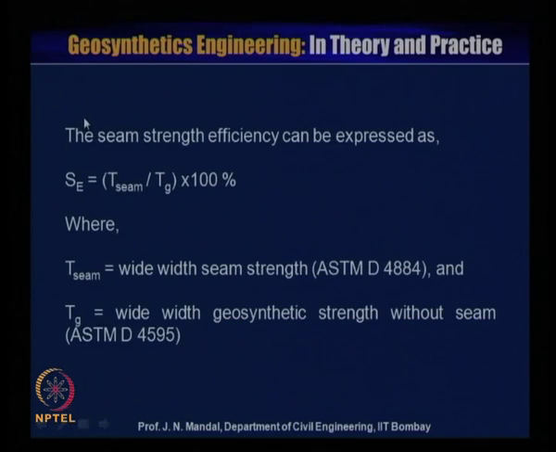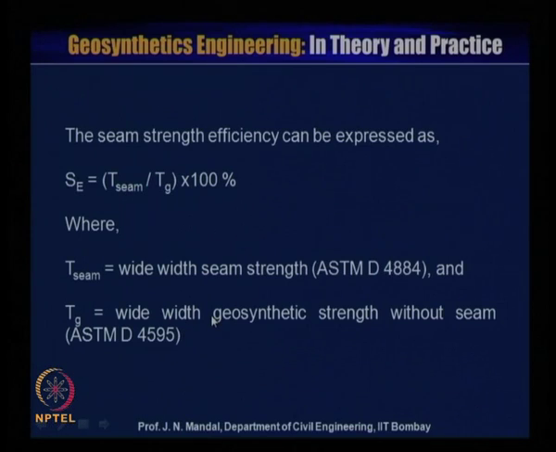So seam strength efficiency can be expressed as E = T_seam divided by T_g into 100%, where T_seam is the wide width seam strength as per ASTM D4884, so you can calculate the seam strength, and T_g is the wide width geosynthetic strength without seam as per ASTM D4595.